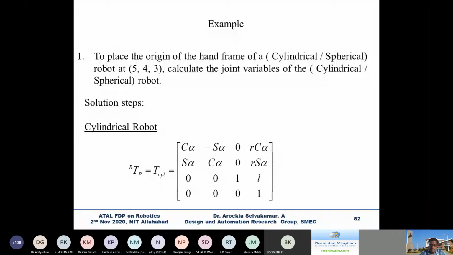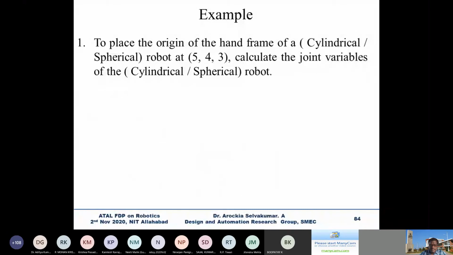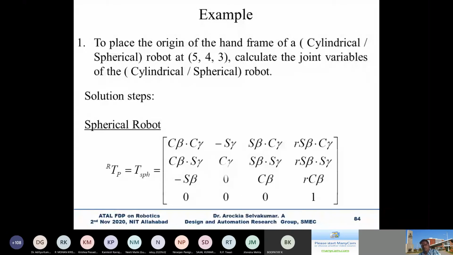The next one is the same thing for the spherical robot. We have just come across the transformation matrix. You can take the last column, the first three variables. Similarly, you can relate r sin beta cos gamma equal to 5, r sin beta sin gamma equal to 4, and r cos beta equal to 3.